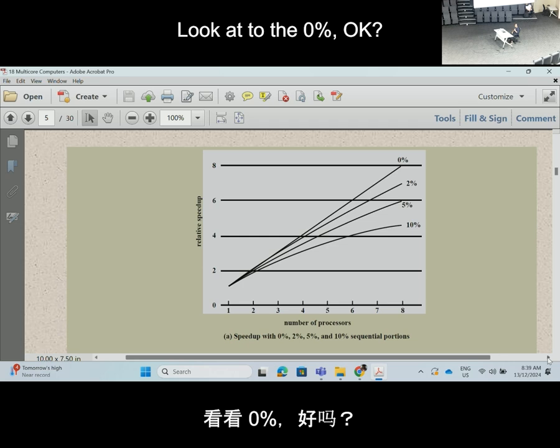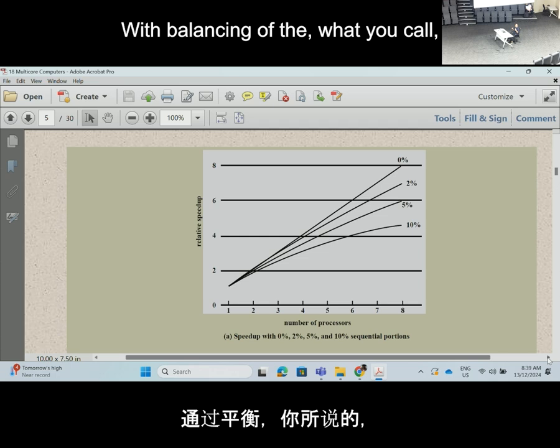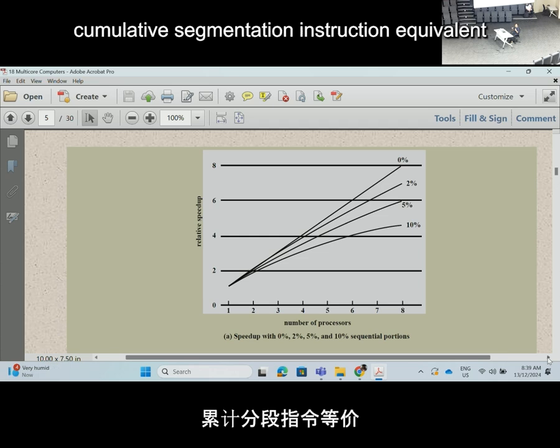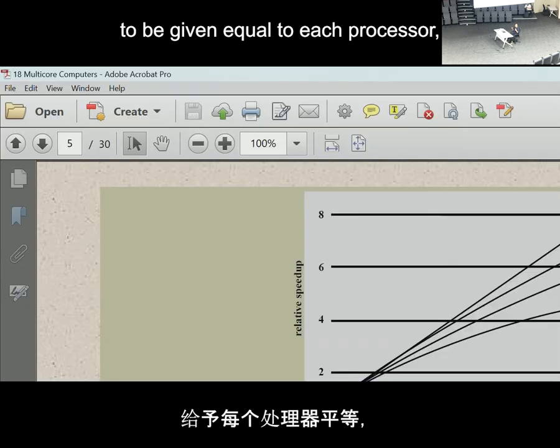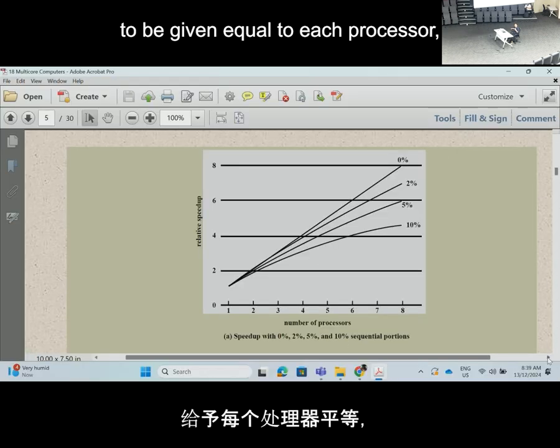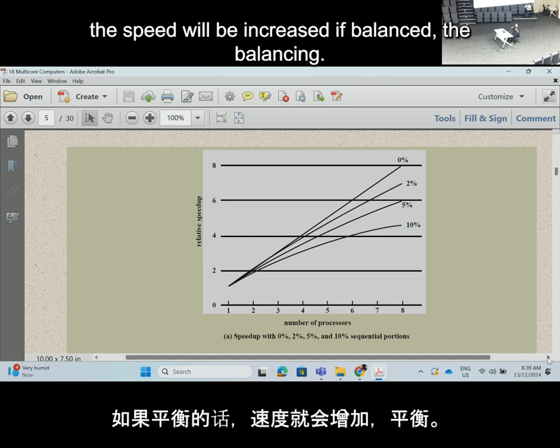Look at the 0%. With balancing of the cumulative segmentation of instructions, given equally to each processor, the speed will increase if balanced.